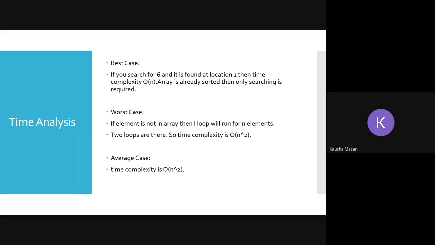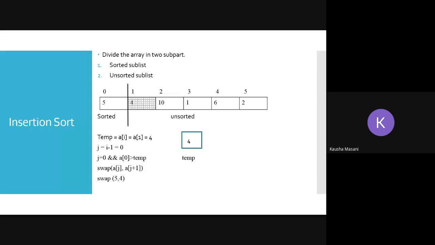This is a sorting algorithm which is discussed in your data structures also, so I thought it would be a revision for you all. But fine, we'll discuss it again. In insertion sort, we take an array of elements, and the very first index we denote as our sorted sub-array.